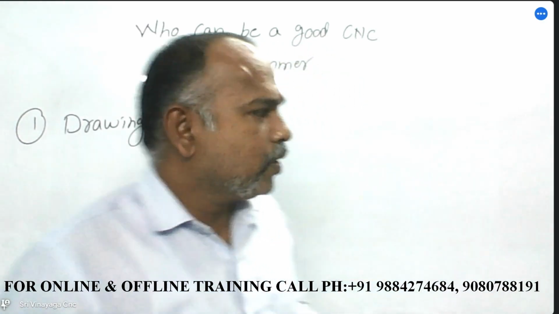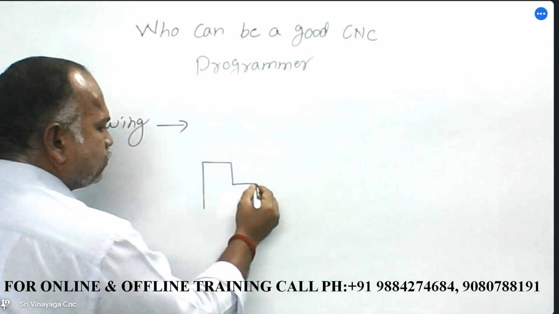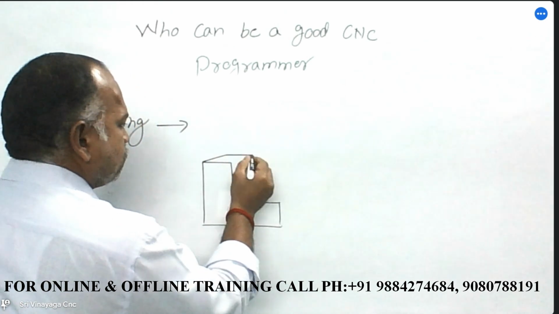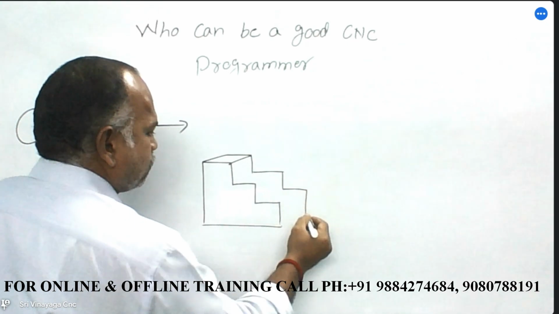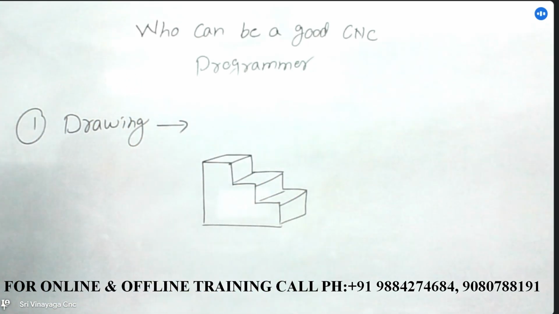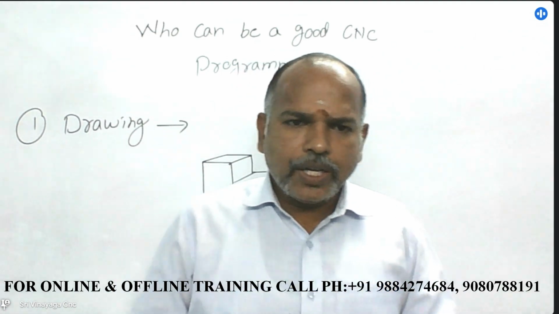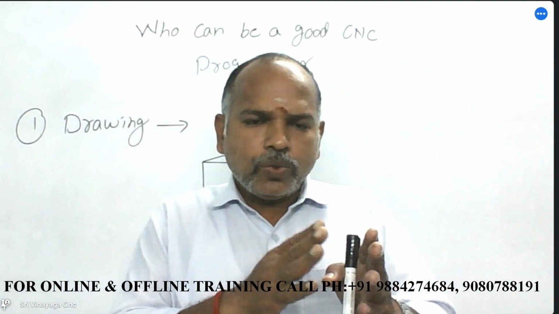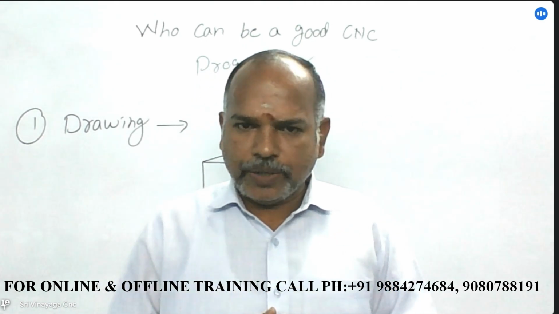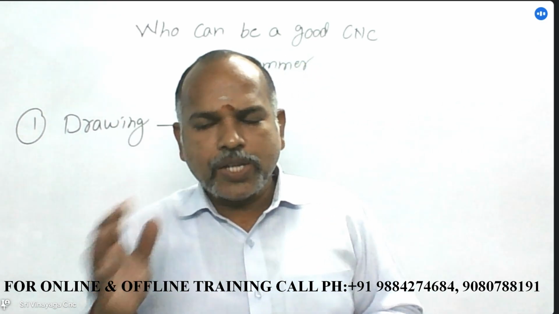Suppose, for example, just one diagram. In engineering drawing, normally there are two types of drawing: orthographic drawing and isometric drawing. What is the meaning of orthographic drawing and isometric drawing?